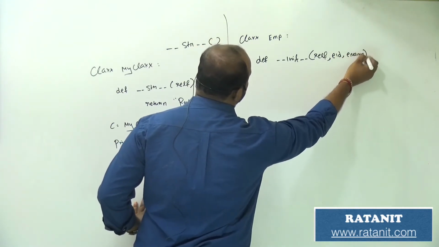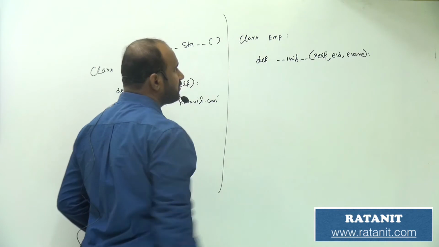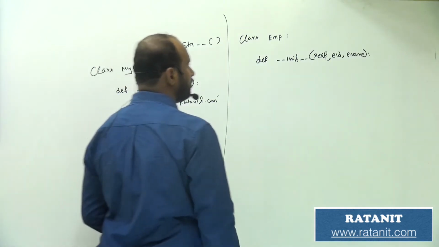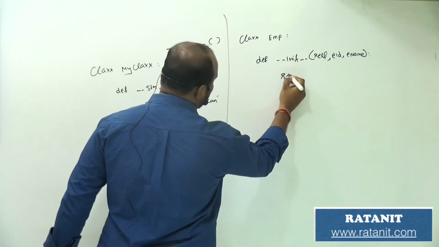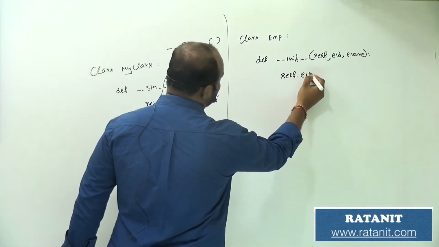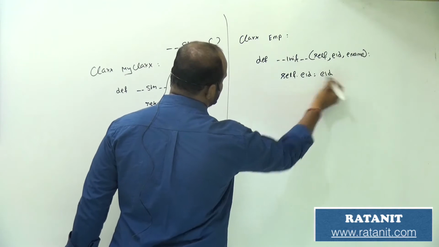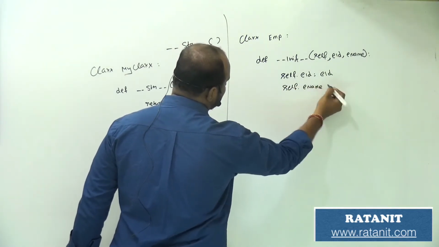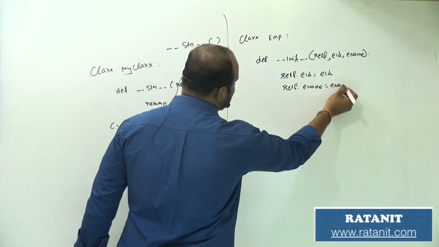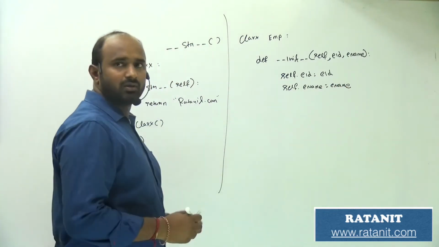These are local to this constructor, so we have to make them class level variables. How? self dot eid equal to eid, and self dot ename equal to ename. That's it. Clear?